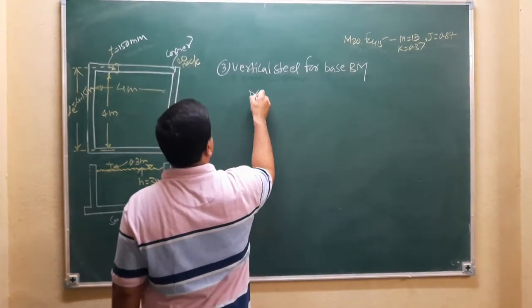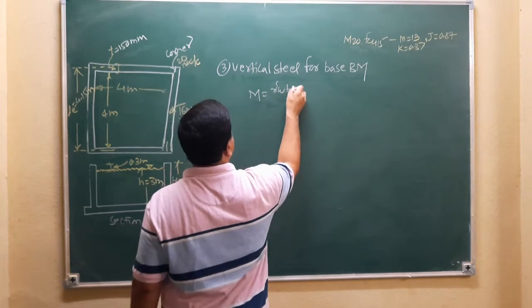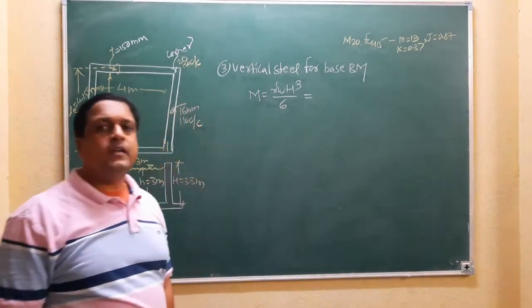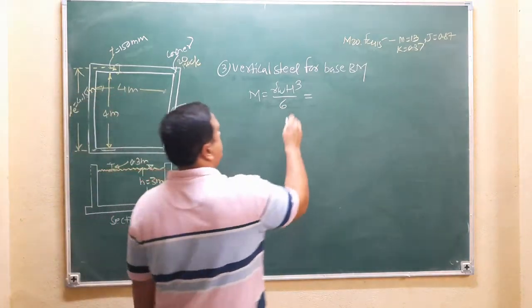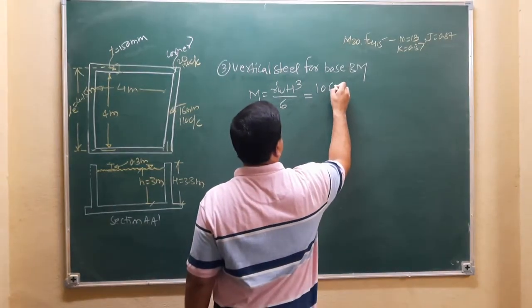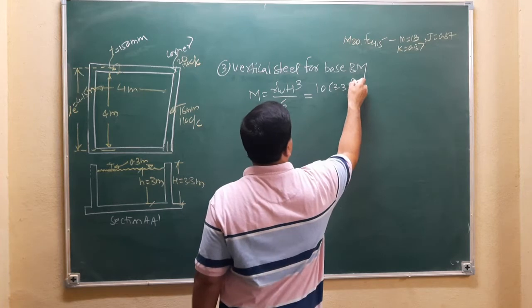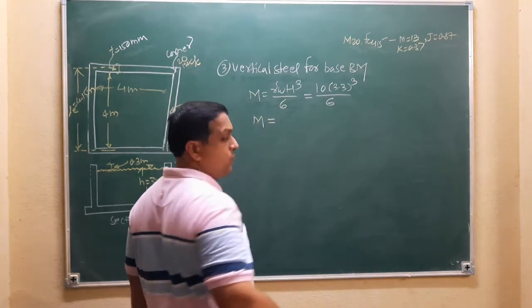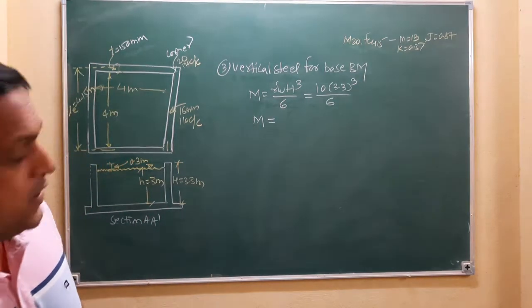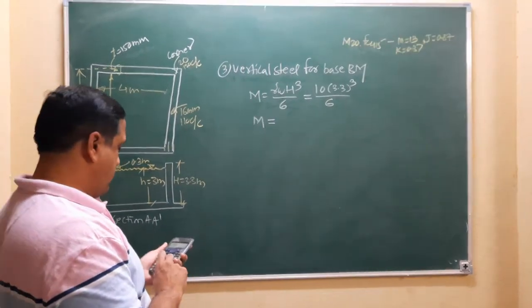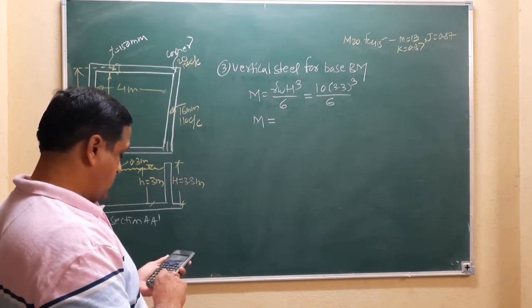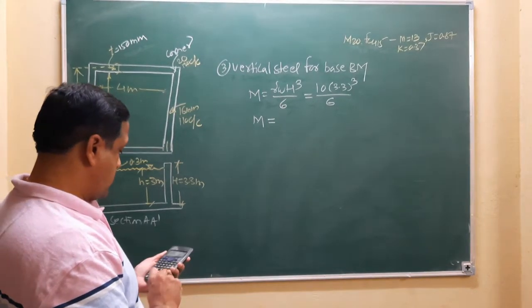So what is the base bending moment? We know it is gamma_w into h cube by 6. Simple formula you have to use. Gamma_w is 10, h is 3.3, cube divided by 6. So the base bending moment is 3.3 cube into 10 divided by 6.